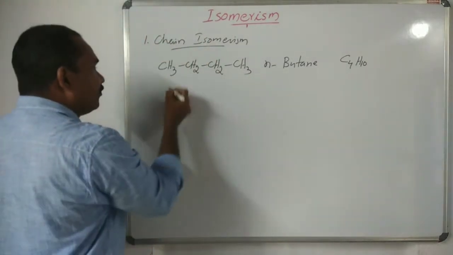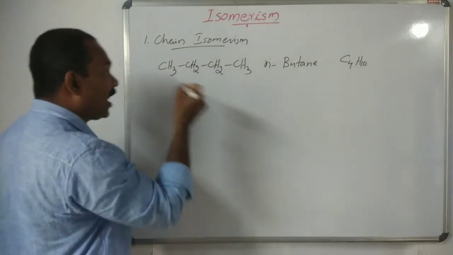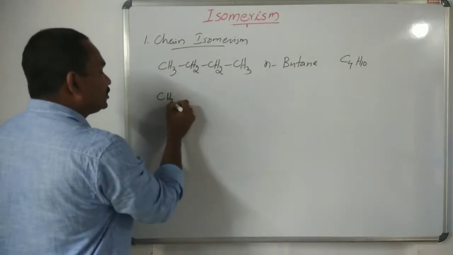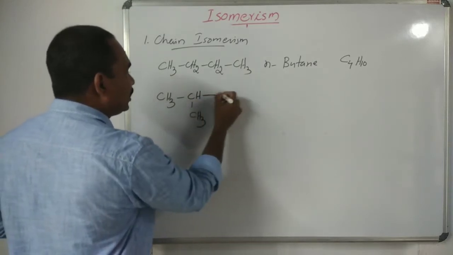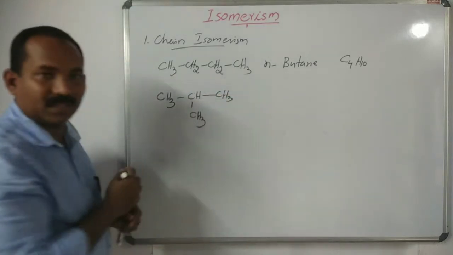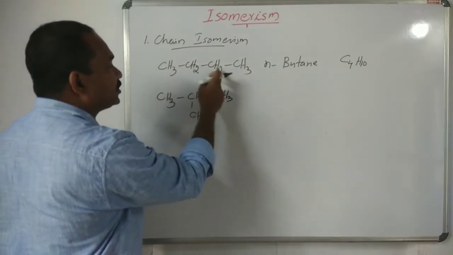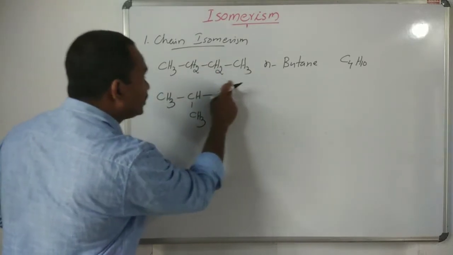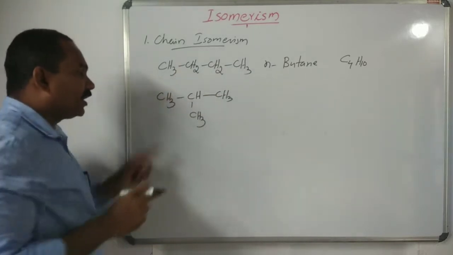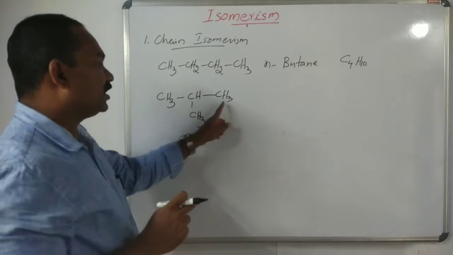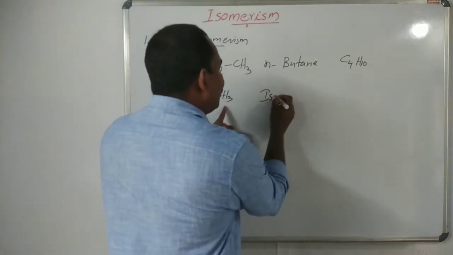With the same molecular formula but a different chain, we get isobutane: CH3, CH, CH3, CH3. Out of two hydrogens, one hydrogen is moved to this carbon and this CH3 comes to the second carbon atom. We get CH3, CH, CH3, CH3, and it is called isobutane.